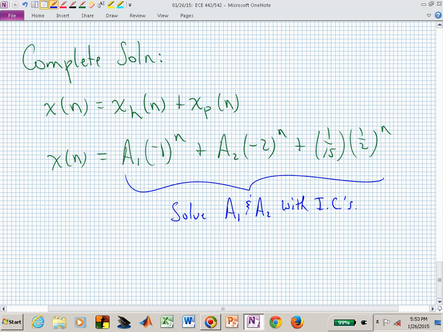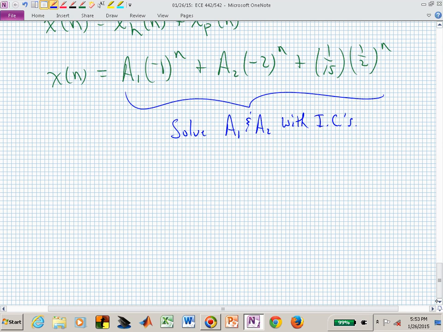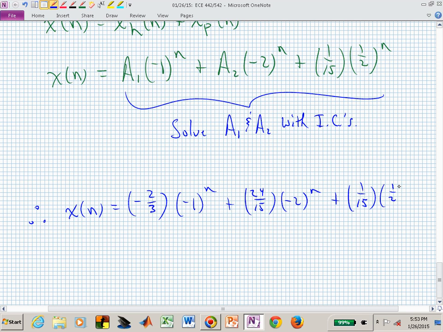If you do that, if your algebra matches mine, which may or may not be correct, I ended up with x sub n equaling minus 2/3 minus 1 to the n plus 24 over 15 minus 2 to the n plus 1/15, 1/2 to the n, and that's now my total solution, or complete solution.